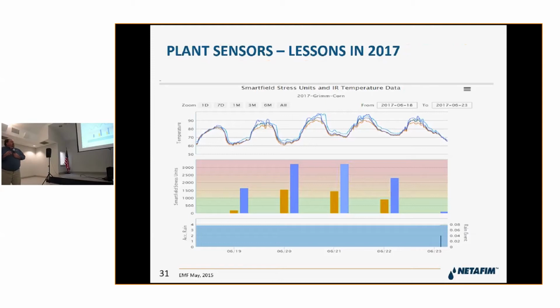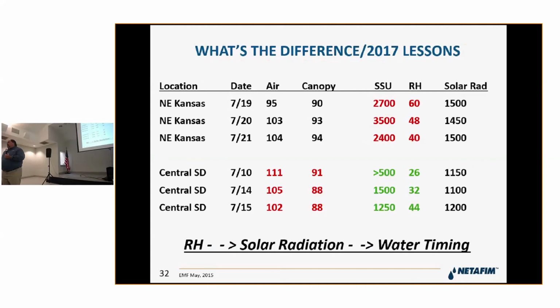There's not a lot of separation here. So there may be some improvement that we need to do with our irrigation to stay on top of it. But there's another issue going on here that we learned in 2017 that we didn't see in 2016, and that is the impact that we have with the humidity, relative humidity.